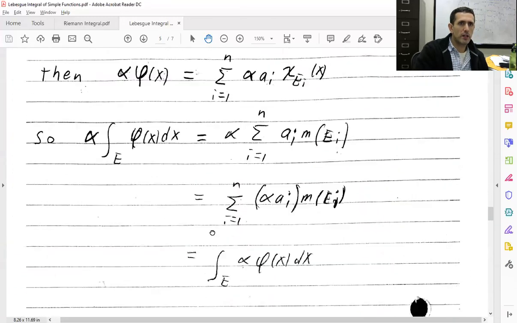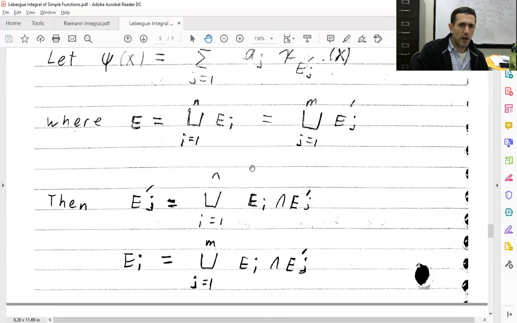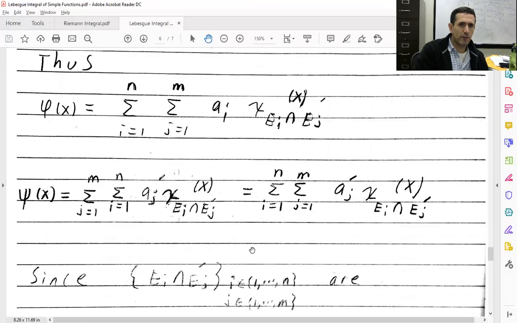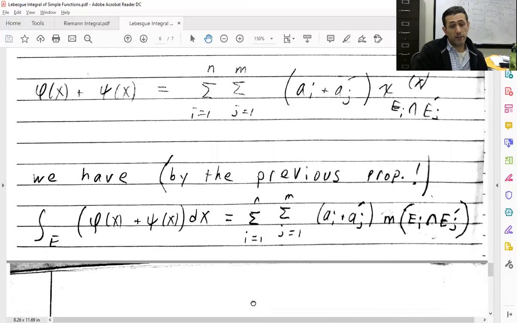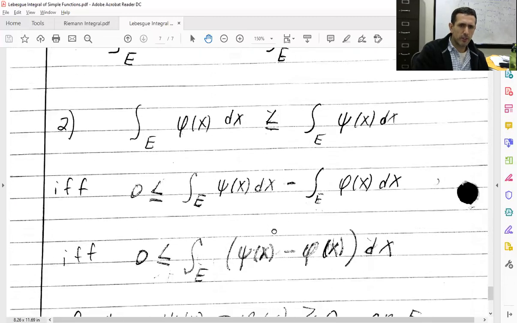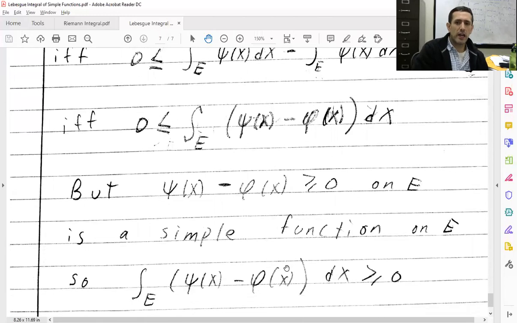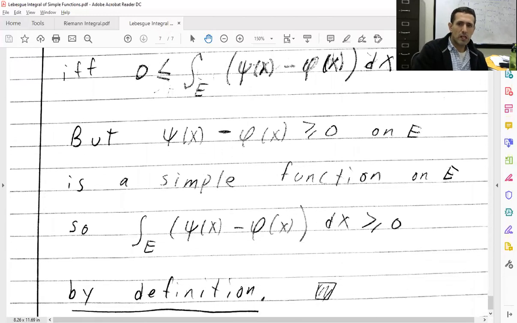Let's go back. We're assuming psi is bigger or equal to phi on E. So psi minus phi on E is a non-negative simple function, and it's absolutely trivial that when you integrate a non-negative simple function, you get something non-negative. And that's just by definition.